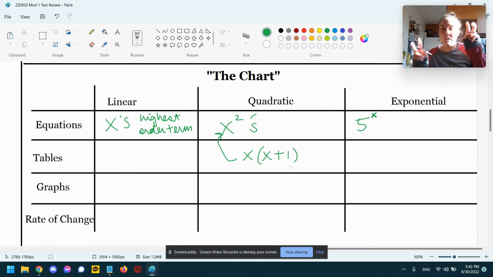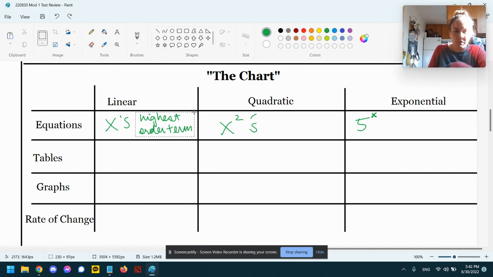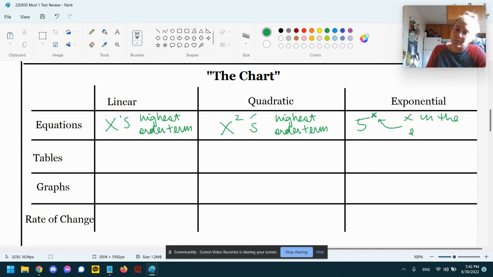This is quadratic even though there are only x's, quote unquote, because if we simplified it, x times x would give us x squared. So it's the simplified form we're looking for, x squared. Also the highest order terms. And then here again, x in the exponent.